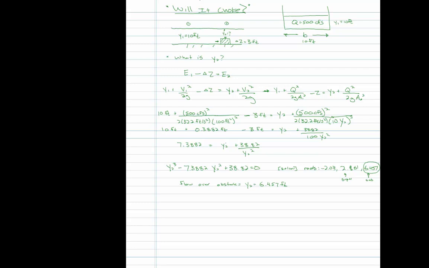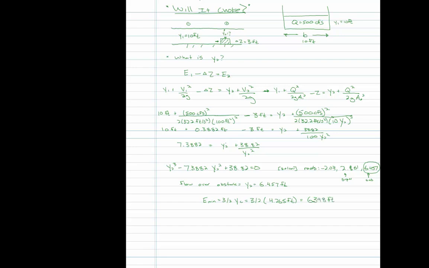Now, if we think back to what the minimum amount of energy required is, in a previous example, what we found is that the E minimum is 3/2 of y sub c, and we found that the previous y sub c value was 4.265 feet. And so the minimum amount of specific energy required is 6.398 feet.